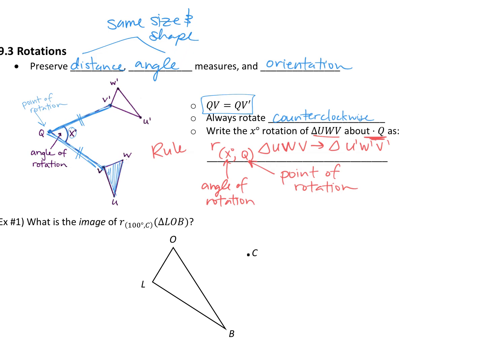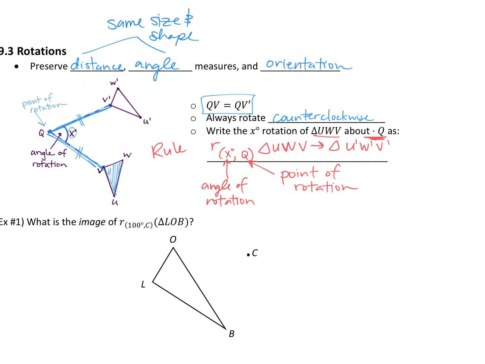Now you have to measure the 100 degrees. So you're going to set up your protractor. Is it going to look like this, or like this? Which way is going to send me counterclockwise? The first way, right? We want to go from L, we want to come this way. So I'm going to line that up. Okay, it looks like this.